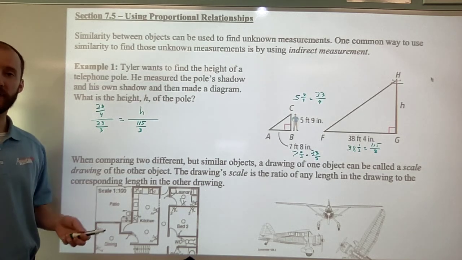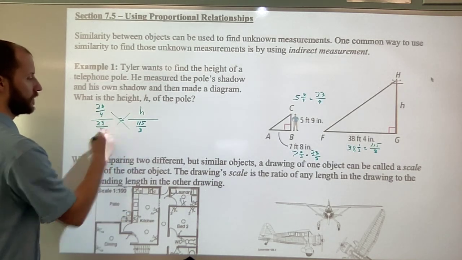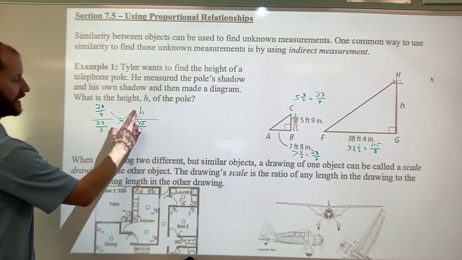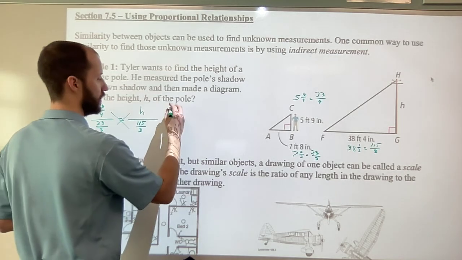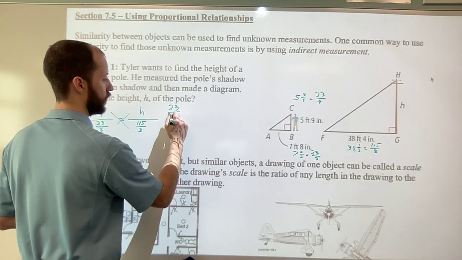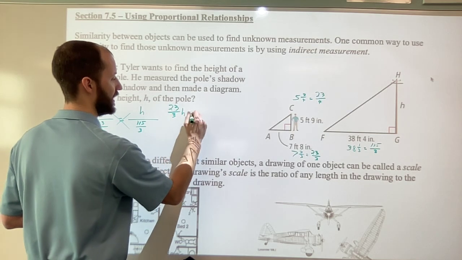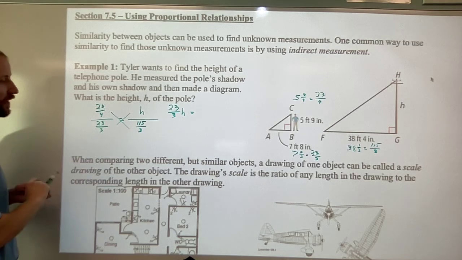So I want to solve this and use the cross product property. So this cross is easy enough, 23/3 times h, 23/3h, equaling this proportion times itself.